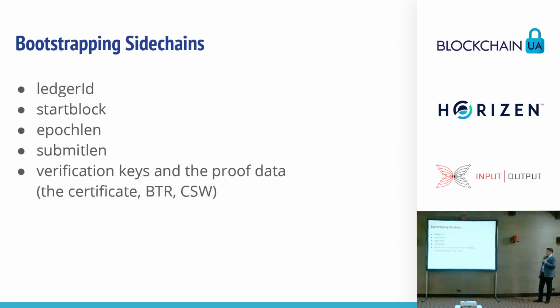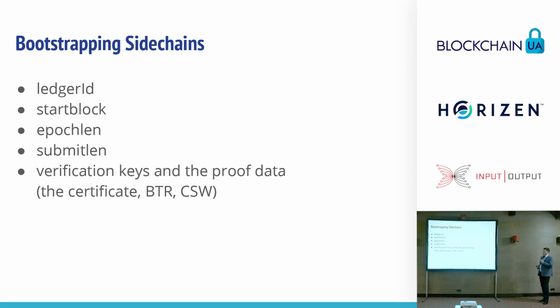So for bootstrapping a sidechain, what do we need? We need to specify the ledger ID, a number of the specific sidechain. We need to define the start block, from which main chain block we started our sidechain. We define the epoch length. This is a liveness parameter: within which period of time users definitely get their coins back from the sidechain to the main chain.